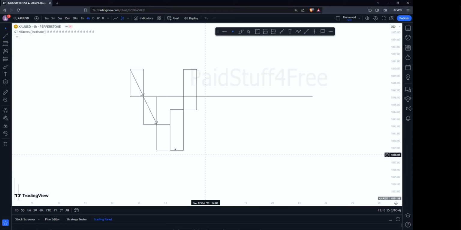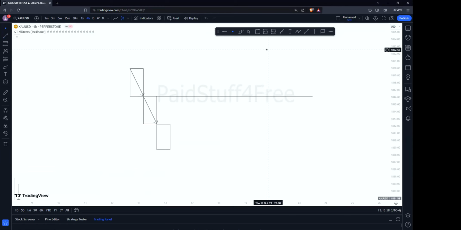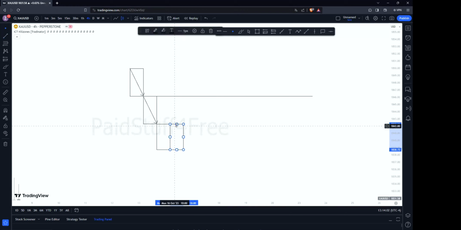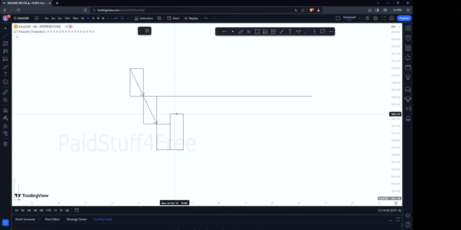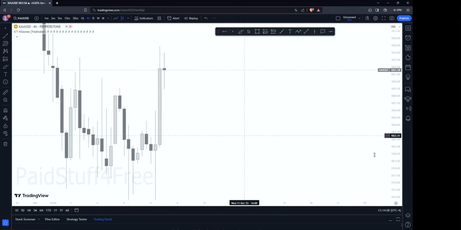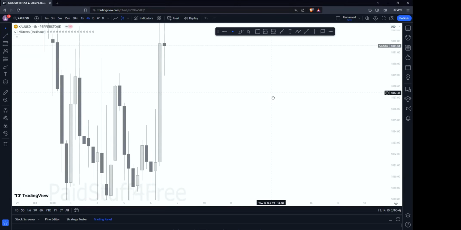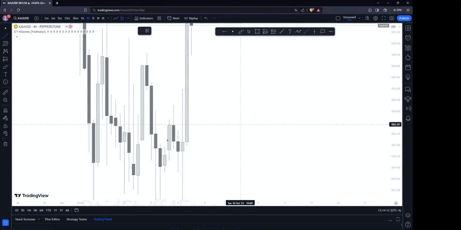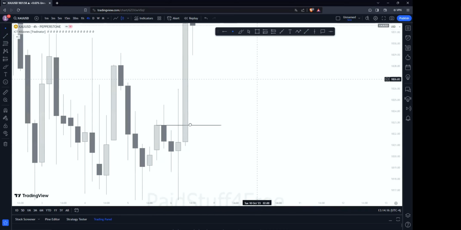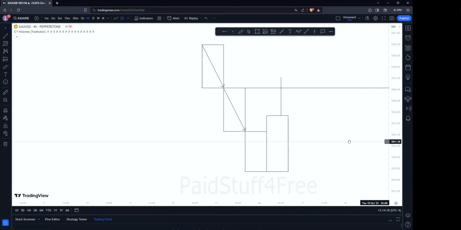Now, let's say the price tagged it with a wick. There is a wick right here. Let's take an example right here. There is a wick on the level. So this level becomes unfresh.